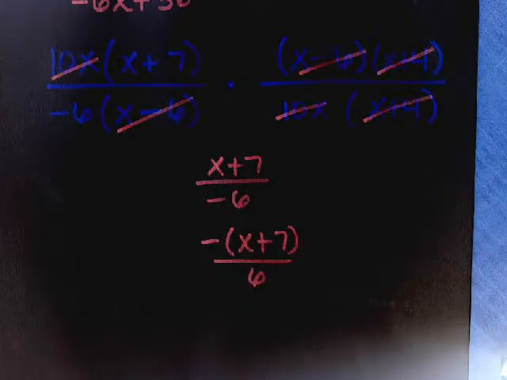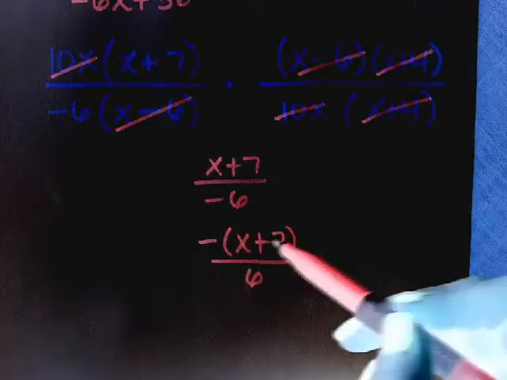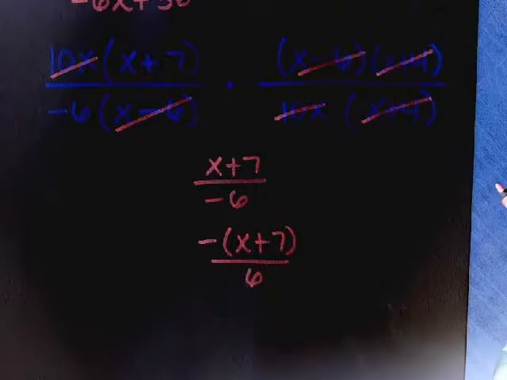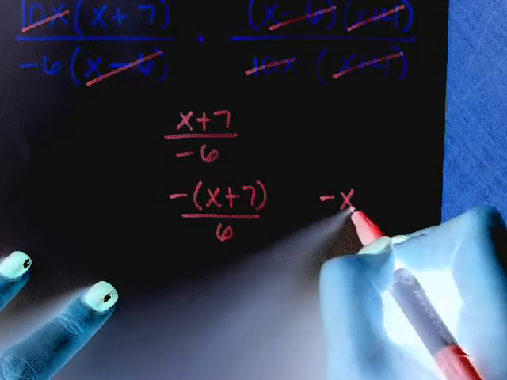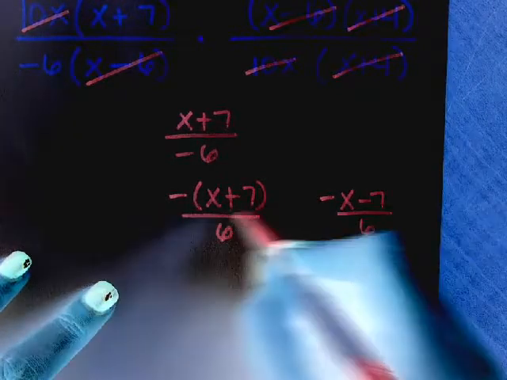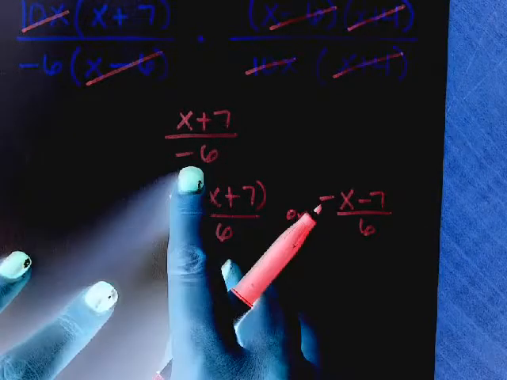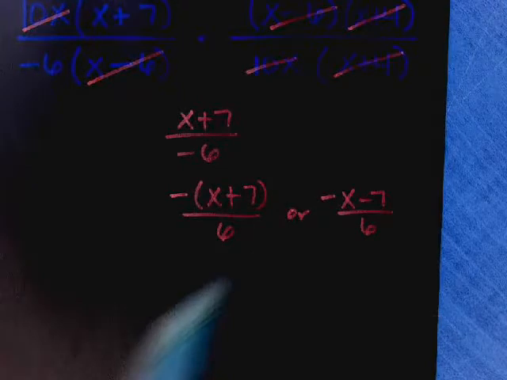And then you might not even see it written with parentheses on the top. Maybe negative x minus 7. So I could see either of those answers. Probably not going to see this one. Probably going to see one of those.